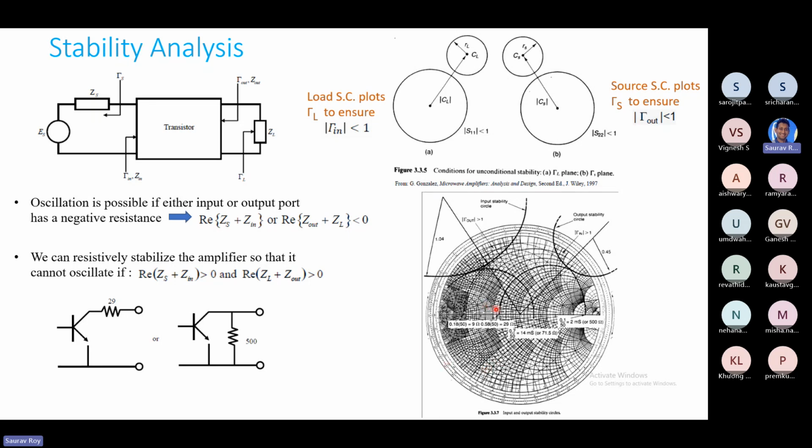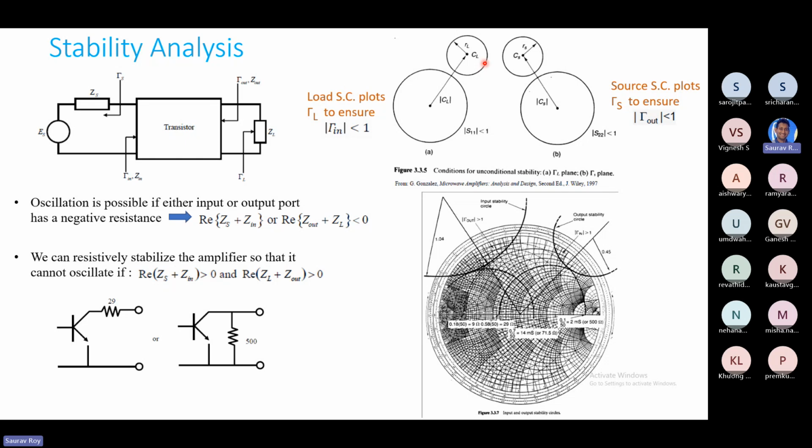From that, you can find out input impedance and VSWR and all these components. Now what is important here: in this load side stability circle, and the source side stability circle, both of these we are plotting. These circles are also nothing but a plot of gamma L. For the load side plot, we plot gamma L, the reflection coefficient seen looking into the load.